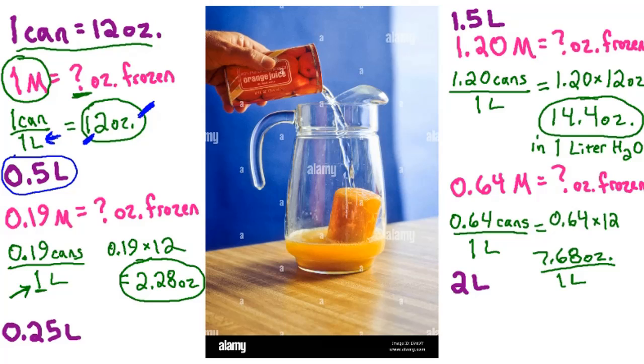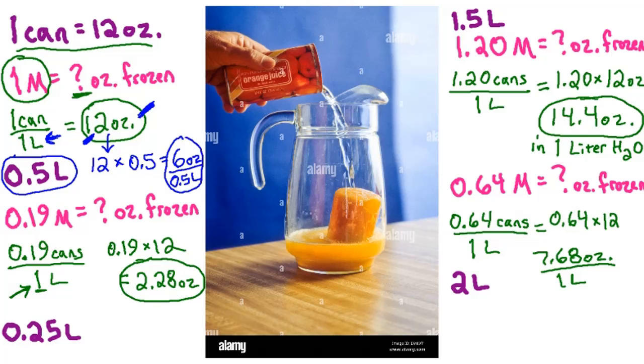So if we take that 12 ounces that we would have used had we made a whole liter of orange juice, and we multiply it by the 0.5 liters that we actually did make, then that is going to give us only 6 ounces of frozen orange juice concentrate in 0.5 liters of water.